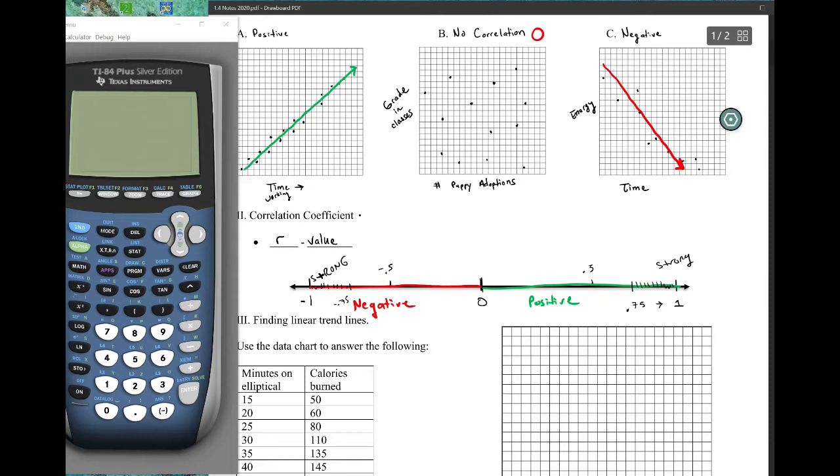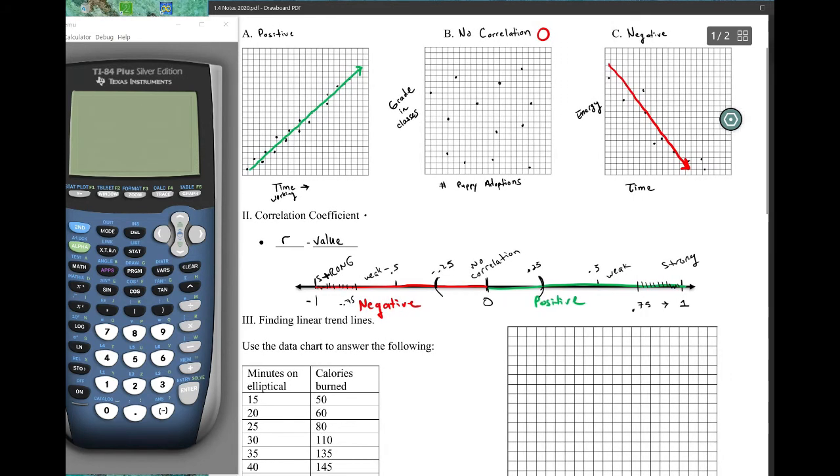So strong, you could say it's a little weak in between here, and even to negative 0.25 or positive 0.25. And generally, if it's within the range of negative to positive 0.25, that's a very, very weak relationship, or more of no correlation, okay?